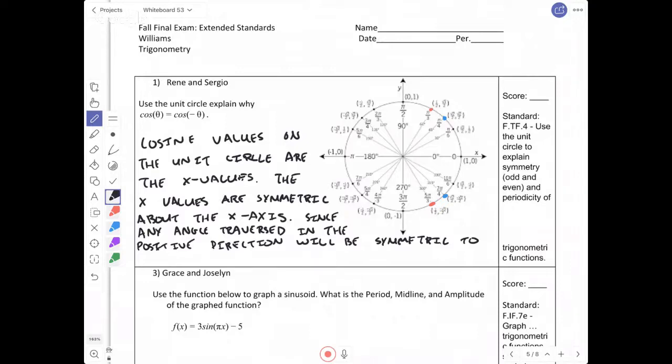Positive direction will be symmetric to the angle in the negative direction about the x-axis.